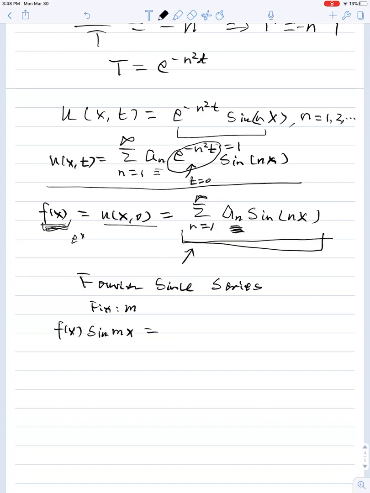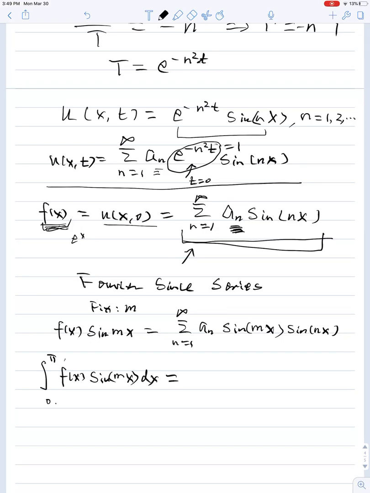Then I have a_n sine m x sine n x. Now I integrate both sides from 0 to pi. Assuming that I can interchange the integral sign with the summation sign, I would have this.